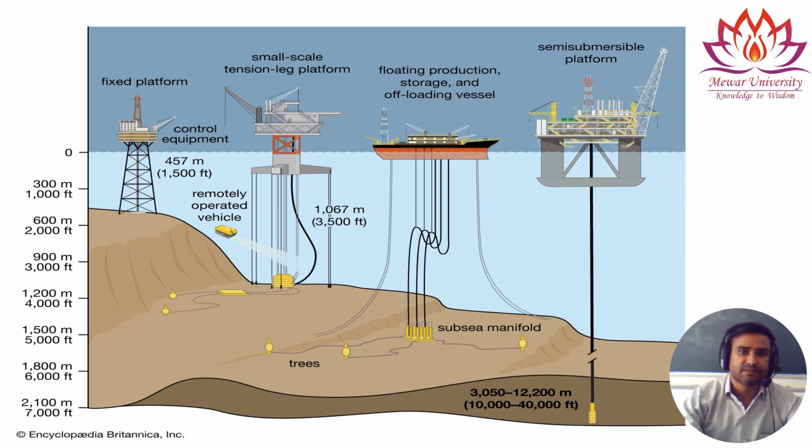And this is a submersible platform. This submersible platform can be floated to any place. It can be used up to a depth of 10,000 to 40,000 feet, from 3,050 to 12,200 meters deep.